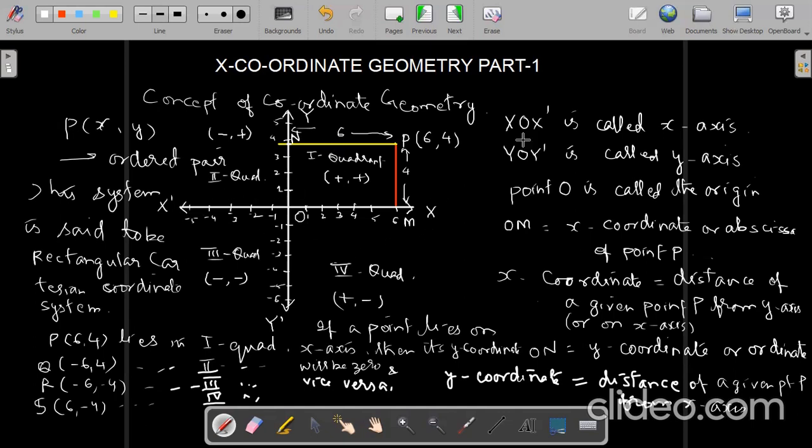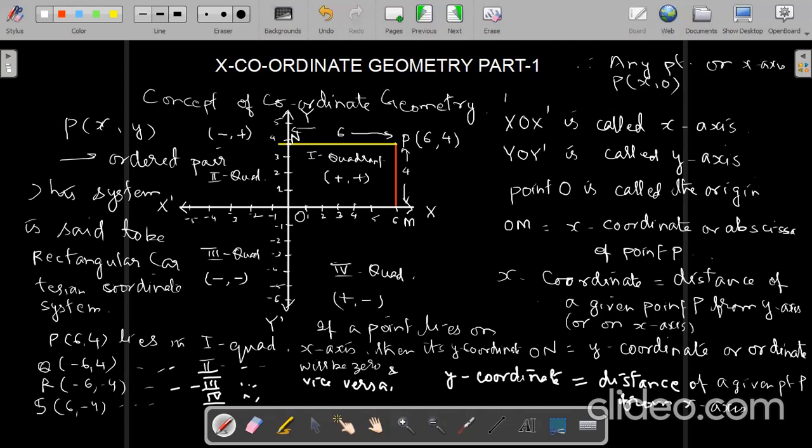Any point on the x-axis can be written as (x, 0), where the y coordinate is 0.